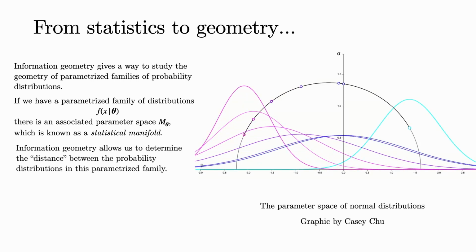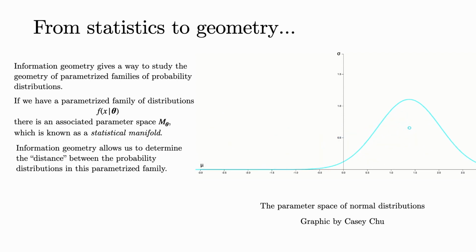Information geometry allows us to determine the distance between the probability distributions in this parametrized family. We can also calculate other geometric information, such as angles, volumes, curvature, etc., and this will tell us information about our parametrized family.